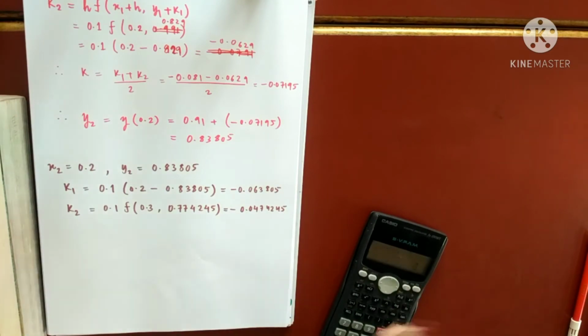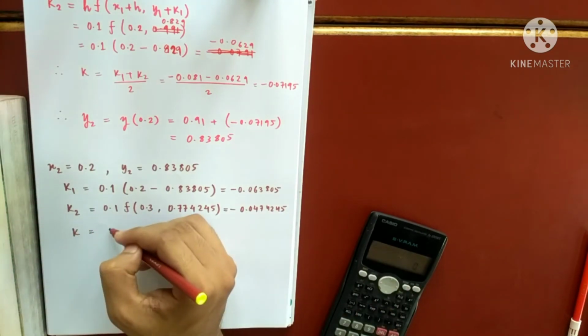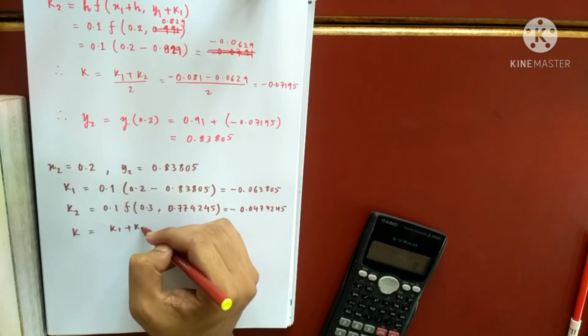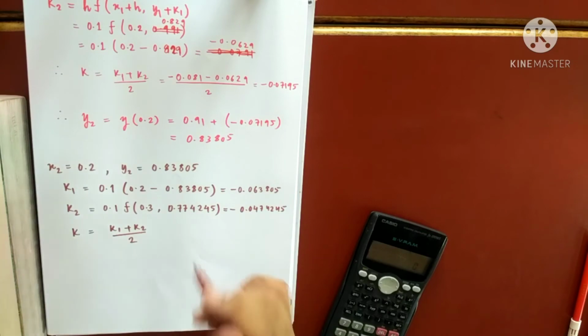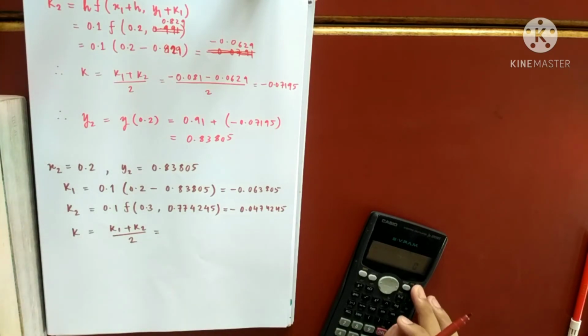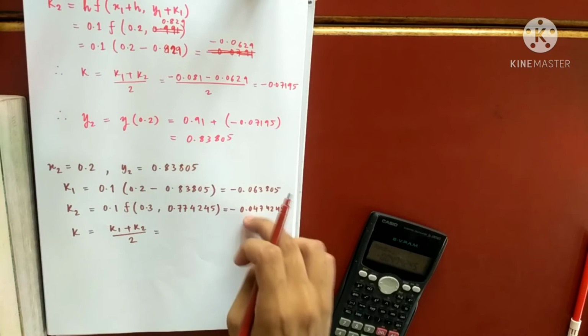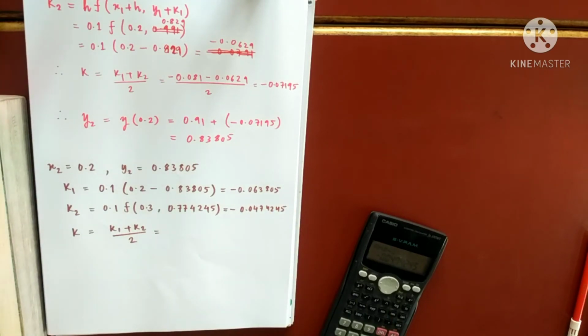Okay, and we will take the average of this one. So k is k1 plus k2 over 2, right? So what is this? Minus, so you will add this too, that means minus is plus only, 0.063805 divided by 2.